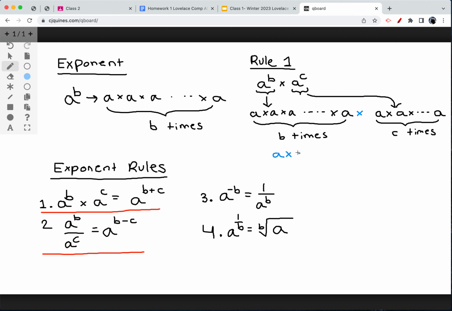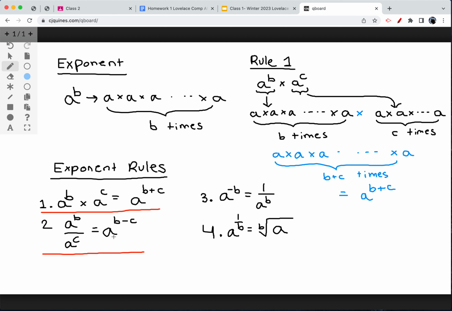So that's basically the same thing as a times a times a times a, b plus c times. And that's just equal to a to the power b plus c, which is what we wanted to prove.